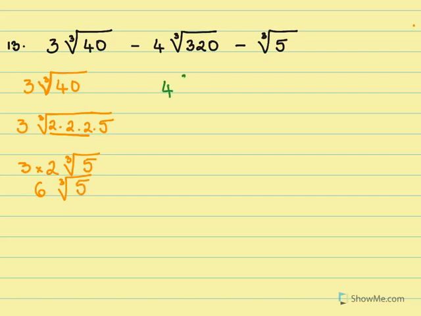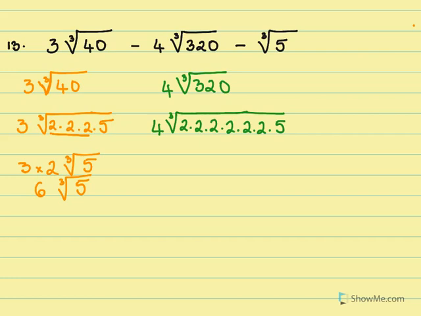Next one is 4 cube root of 320. So 4 cube root, the 320 I will break up. So this is what happens when you do short division of 320. Now remember, it is cube root, so I've got to make groups of 3. One group, and this is another group.